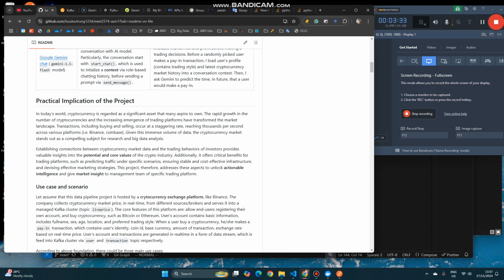The number of buy and sell transactions today may reach about 1,000 per second on many platforms like Binance or Coinbase. With that big volume of data, it could be a compelling subject to research and study in big data analysis. So in this project, I try to establish the connection between the crypto market data and the trading behavior of the investor.